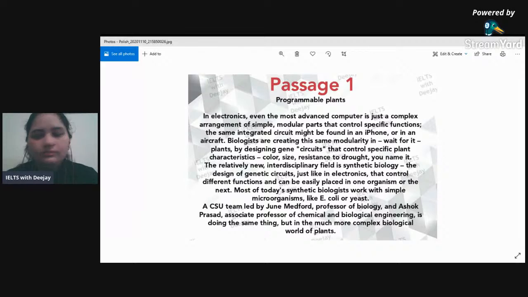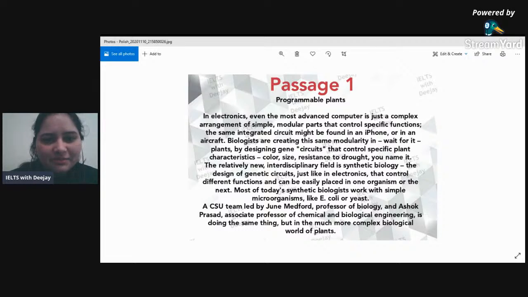Answer for the third question. We got two answers. One is true and the second is not given.